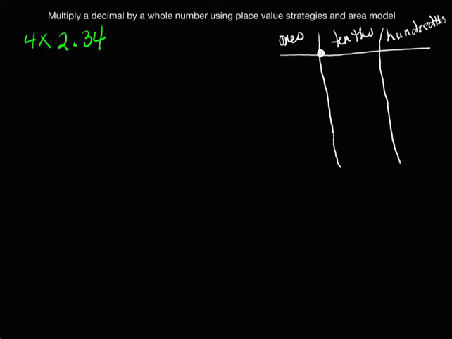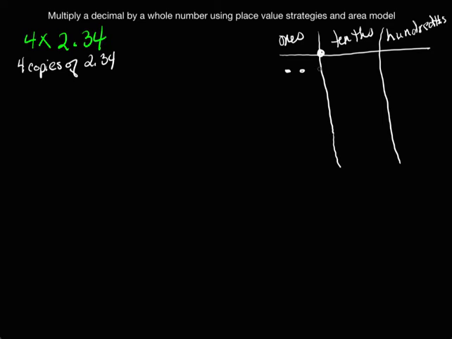When we have 4 times 2 and 3/100, because we have a whole number, I could write this as 4 copies of 2 and 3/100. This is repeated addition, so we're basically just going to repeat this number.